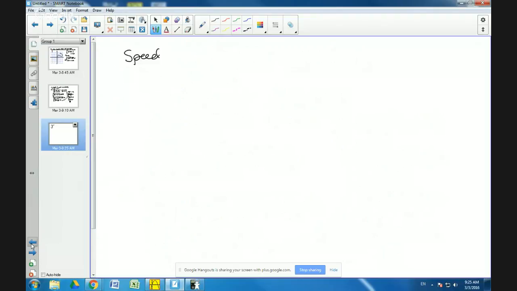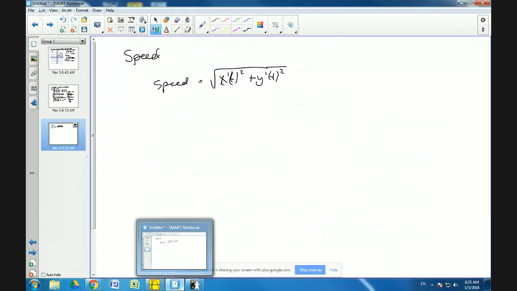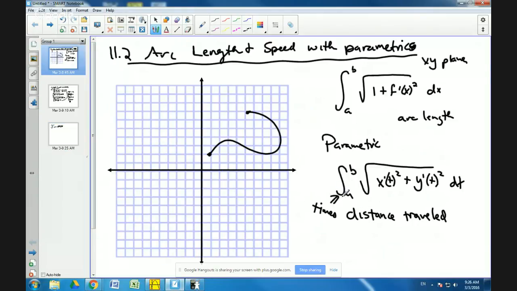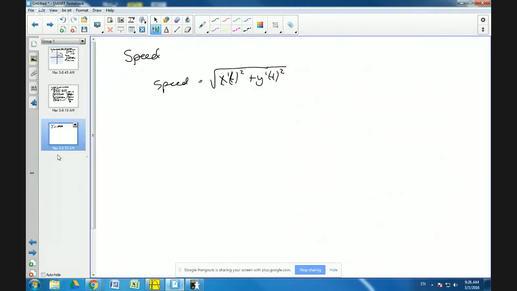I'm not going to walk through the development of it here, but the speed, because it's based in time, is very familiar. It's the derivative of the integral, correct? So arc length has an integral. You derive that because you're looking for the derivative of position, and you end up with your speed formula. It's the same thing, it just doesn't have an integral on it.